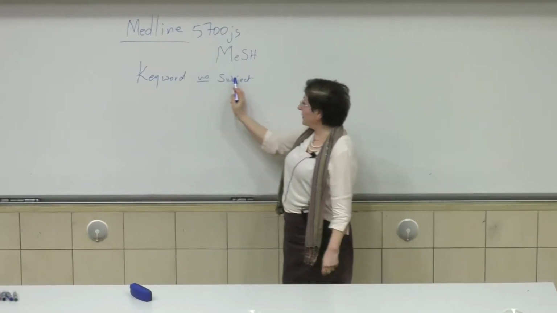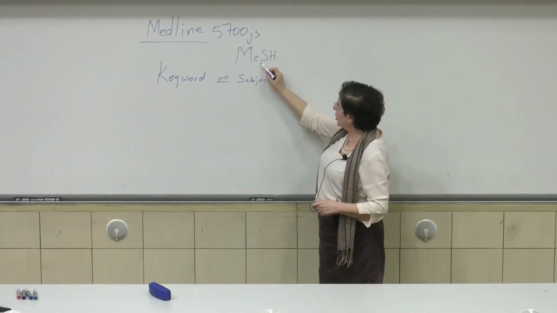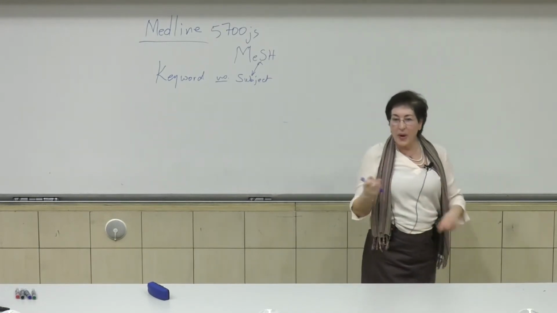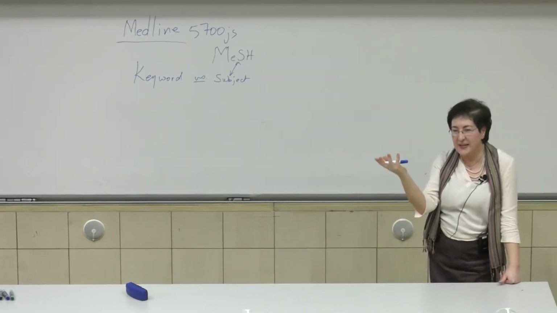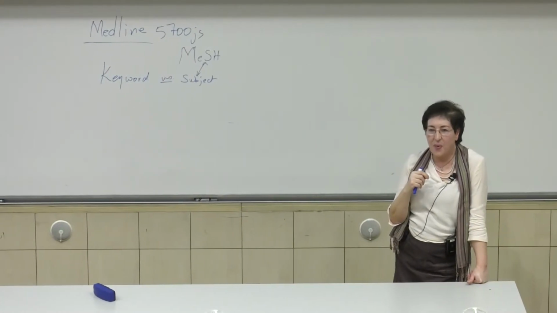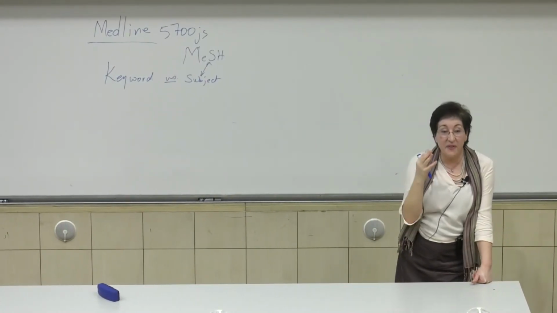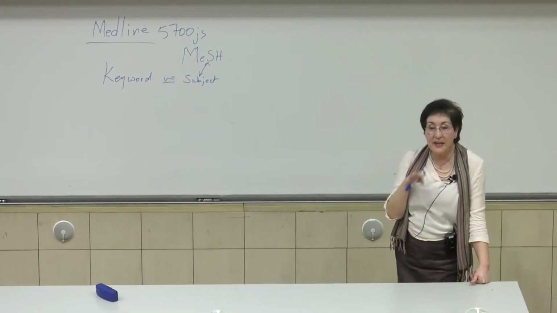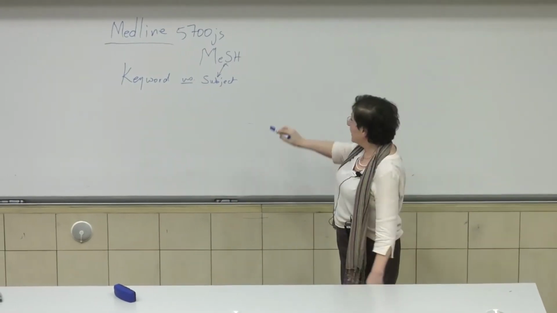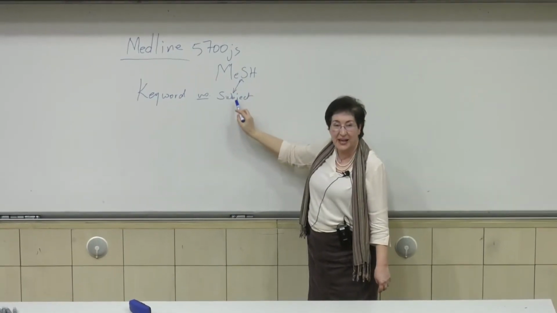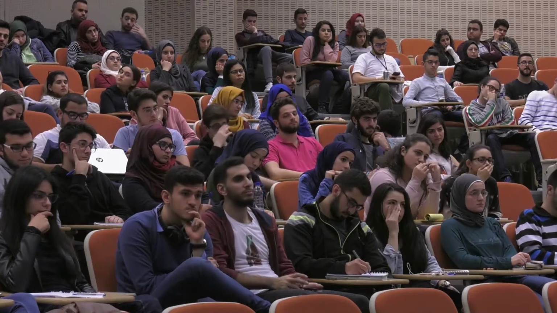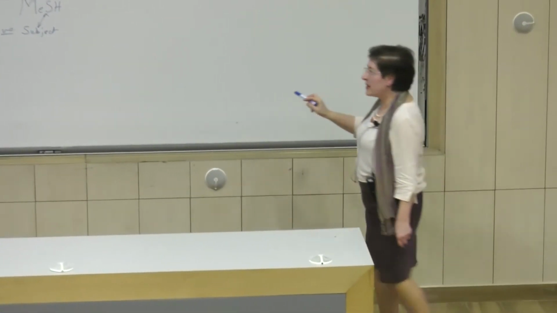On the other hand, the other way that I can search MEDLINE is by MeSH. When I search with the MeSH AIDS, what do I retrieve now? I retrieve articles that the indexer read and found that they talk about AIDS. That's why they assign the MeSH AIDS. So I will get articles talking about AIDS. You see the difference between these two?